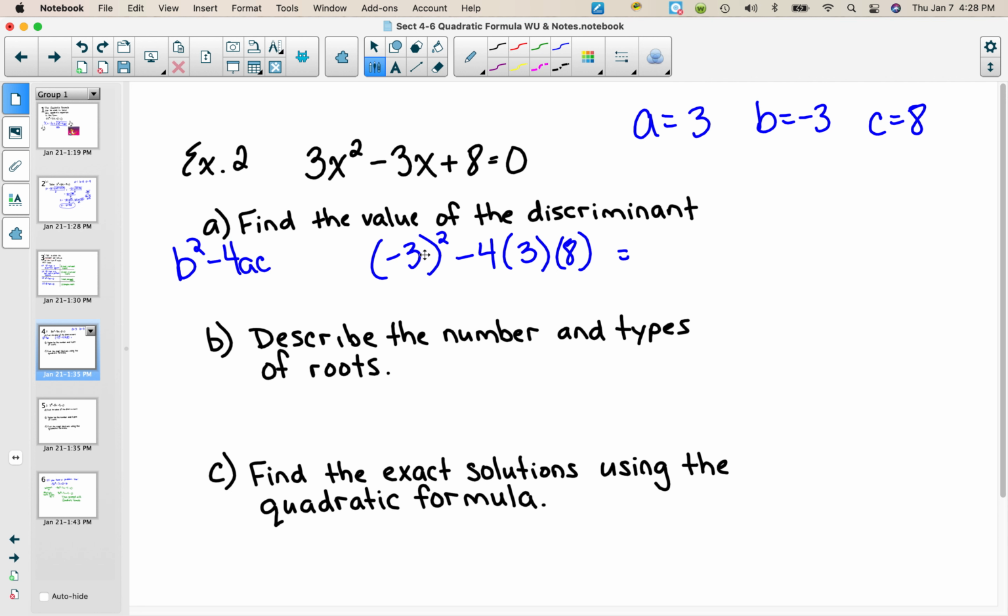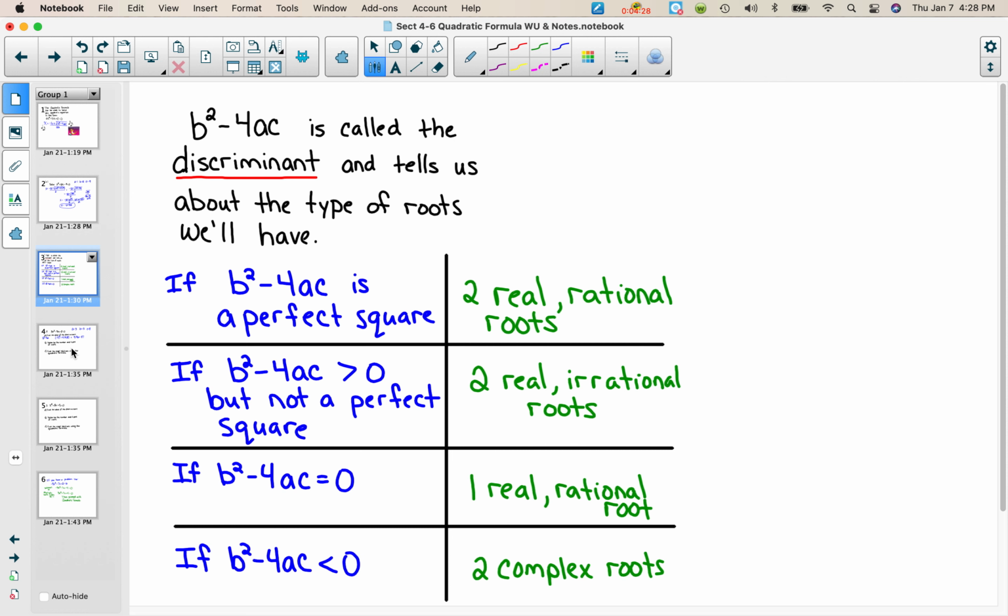But we know negative 3 quantity squared is 9. So we have 9 minus 96, which is negative 87. So that means, we have a negative, so I have 2 complex roots.